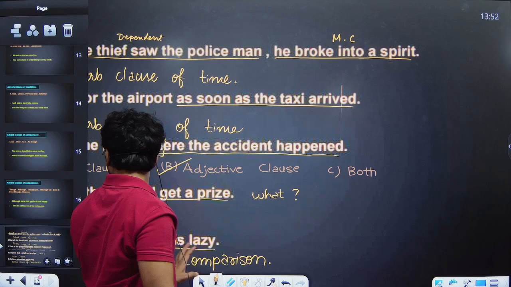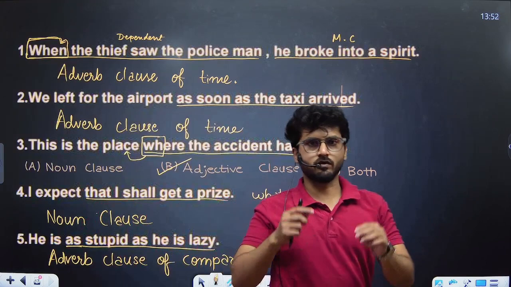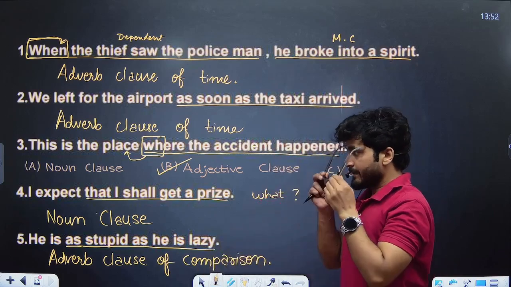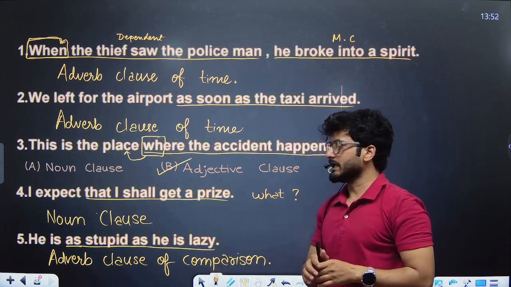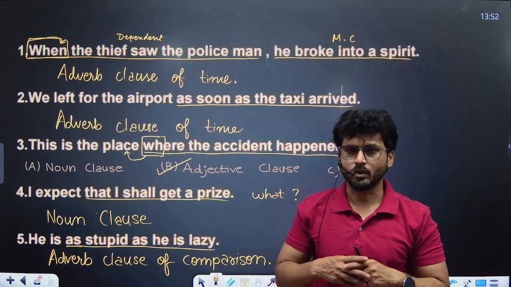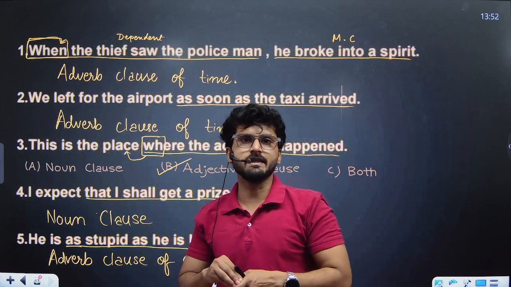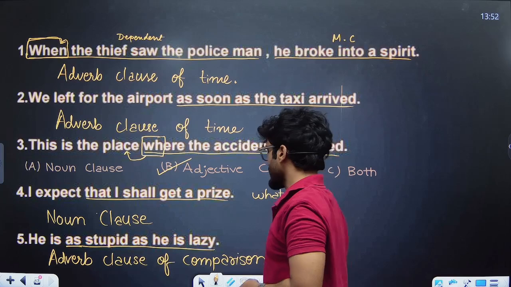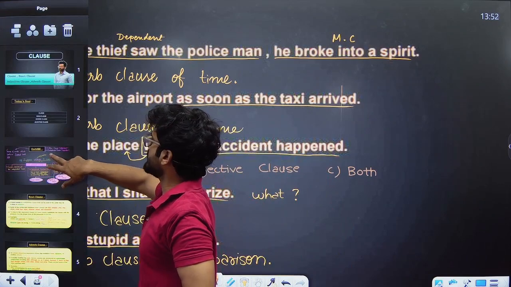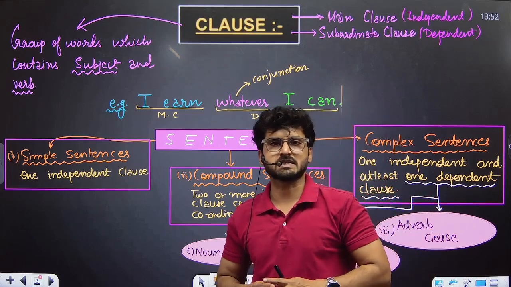Okay, so these were the kinds of all those clauses which we have discussed. Here we learned about all those clauses. First of all, we discussed the phrases. What are phrases? They will not convey the complete sense. They do not contain the verb. But in clauses you have the verbs, and the more verbs present, the more clauses present inside it.